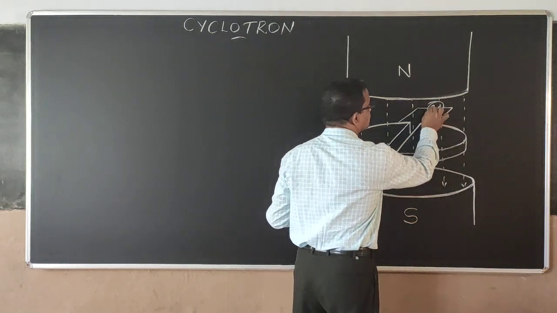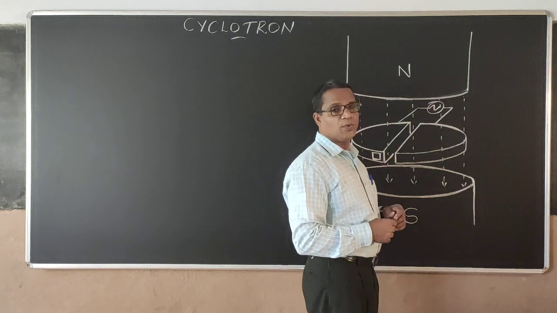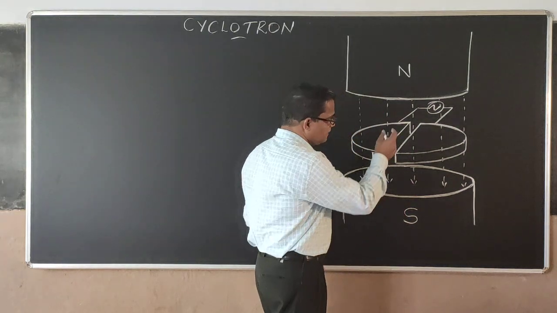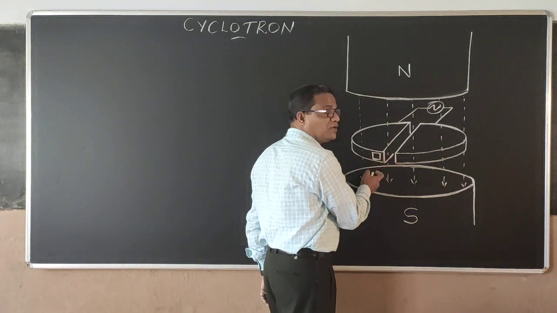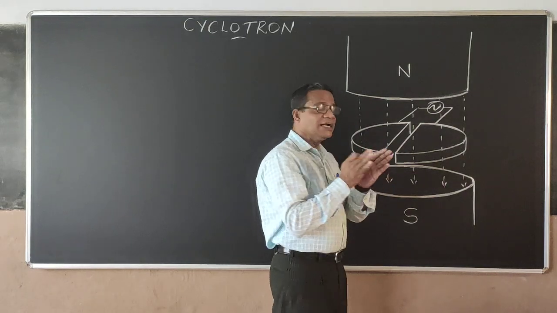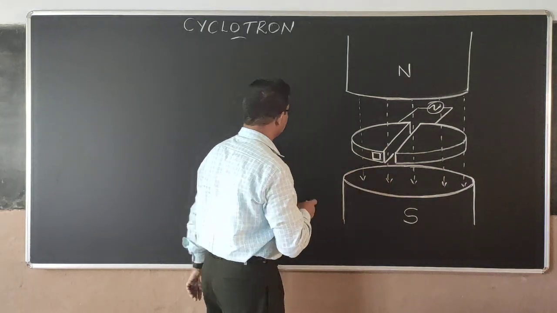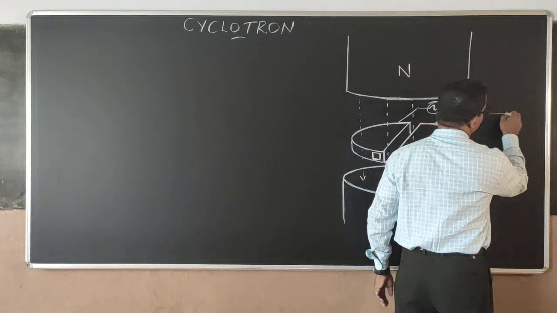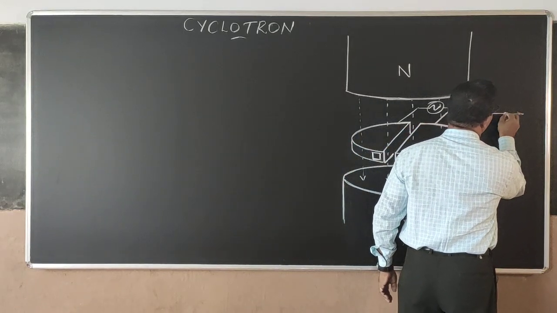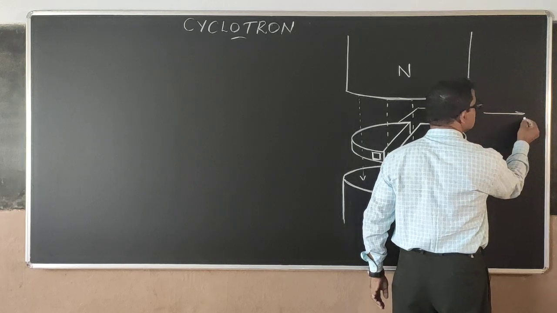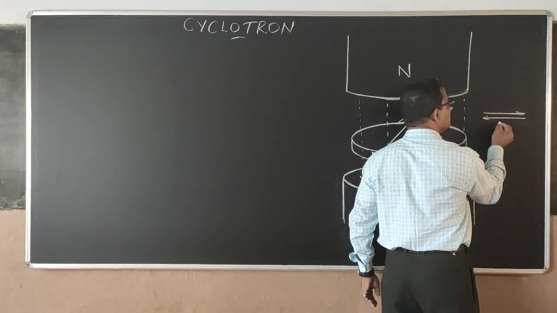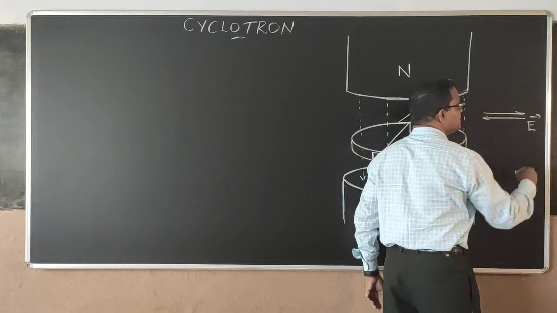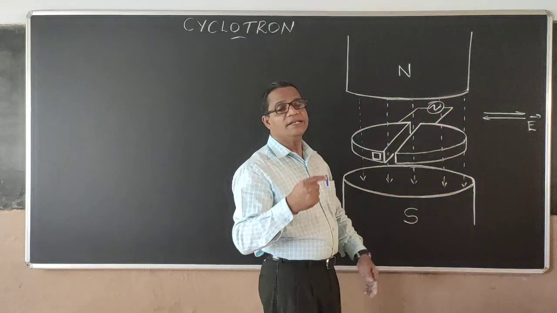It's connected so that it can supply an electric field between the gap of the Ds. And that electric field will be oscillating. In one half of the AC it goes like this, and in the other half the field will be like this. So the electric field here is an oscillating one.